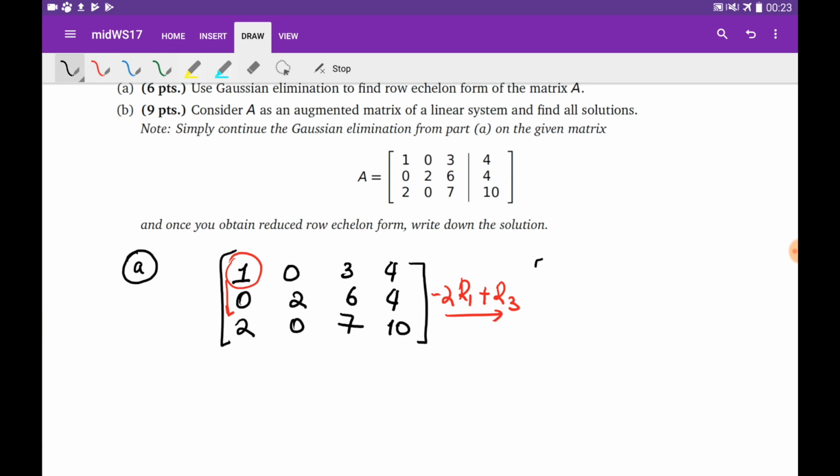We are going to obtain 1, 0, 3, 4, 0, 2, 6, 4, 0, 0. So 3 multiplied by minus 2 is minus 6, plus 1. 4 multiplied by minus 2 is going to be minus 8 plus 10, it's going to be plus 2.